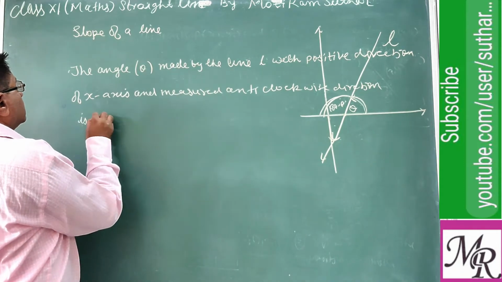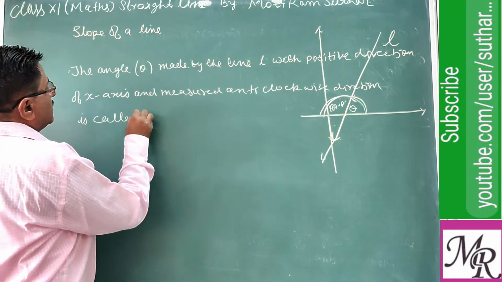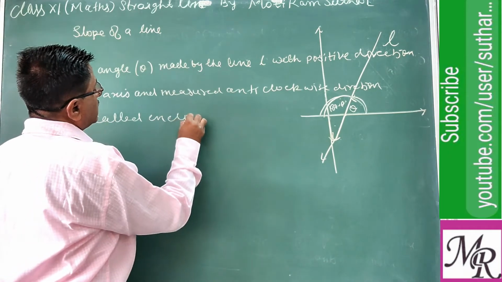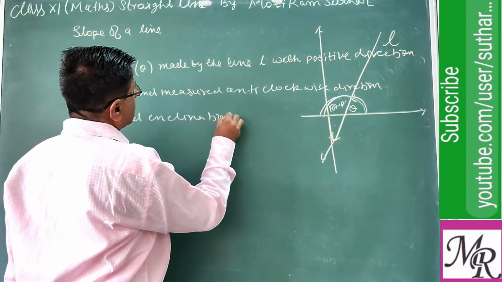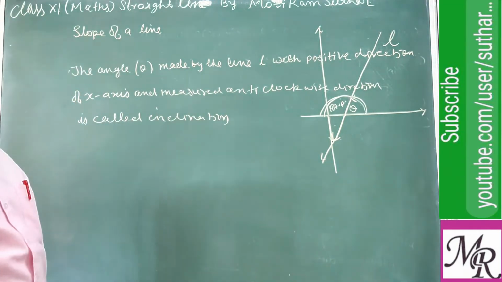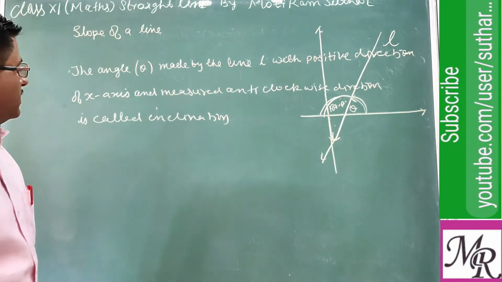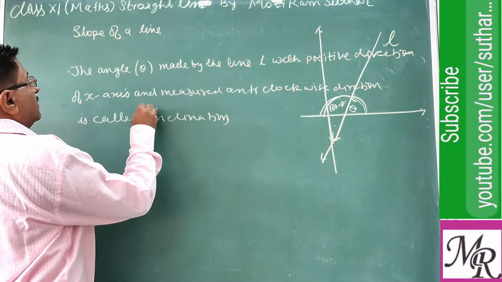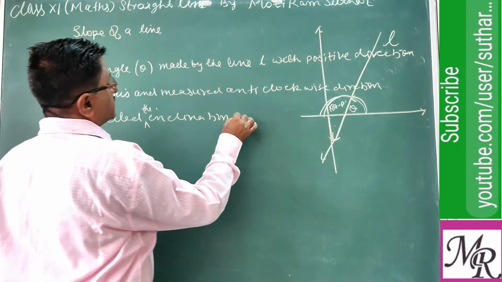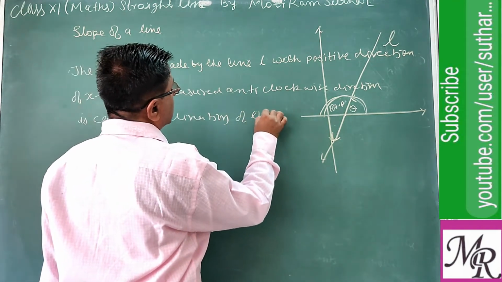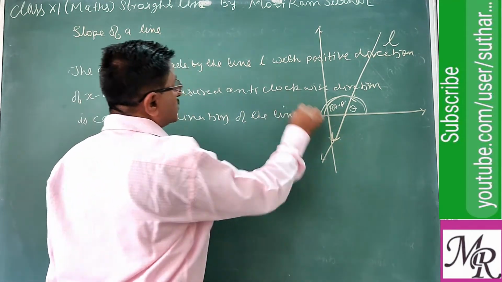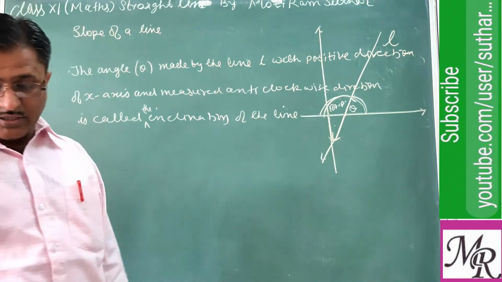This is the definition of inclination. So the inclination of a line is theta.